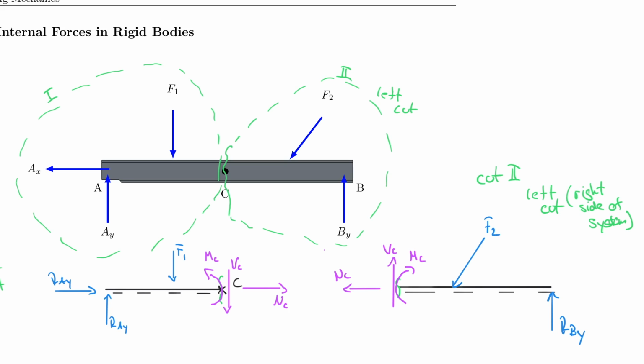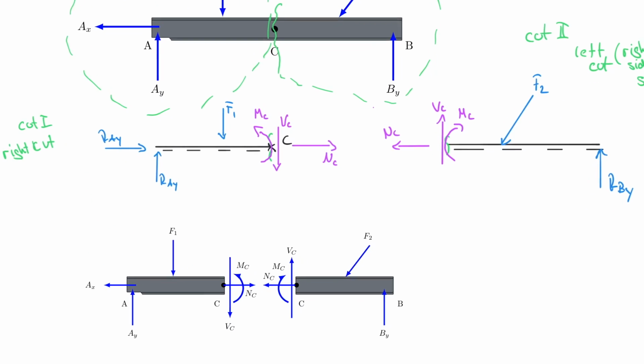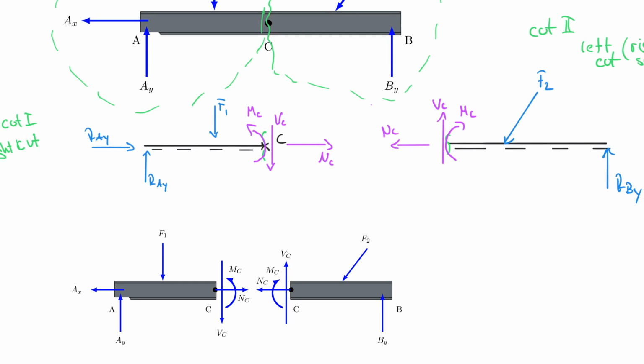Now, the picture here on the bottom is the same thing, just a little bit nicer. And you understand that, of course, it has the reference fiber missing. But other than that, it shows you the same concept. So let's use this picture here to clarify that we're talking about the right side with left cut.